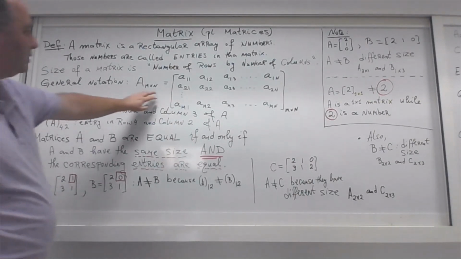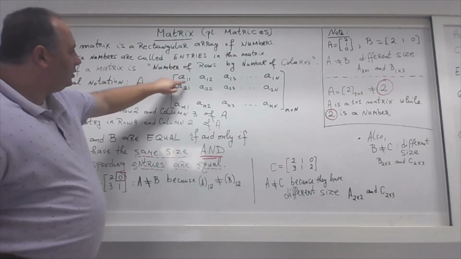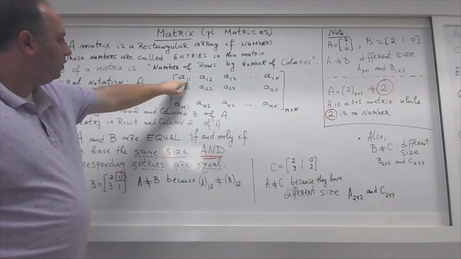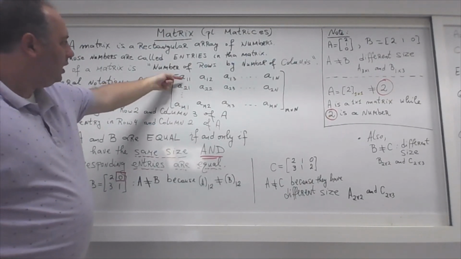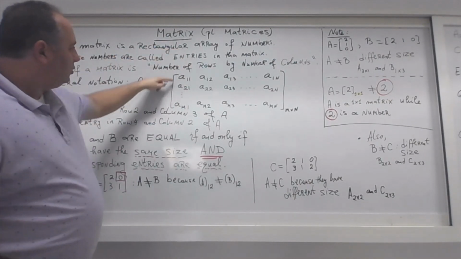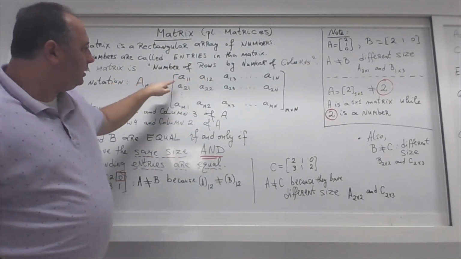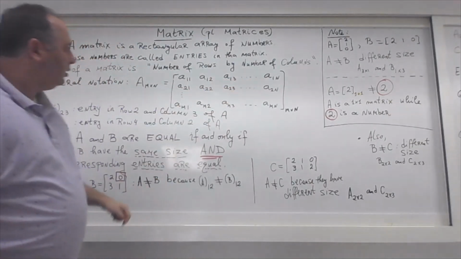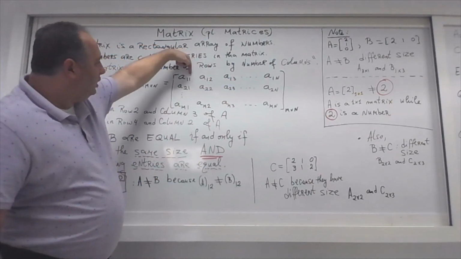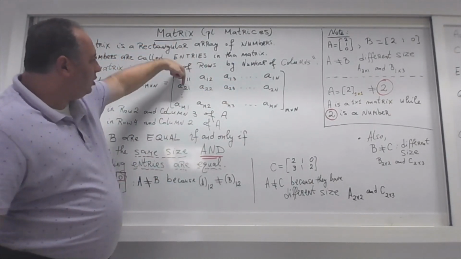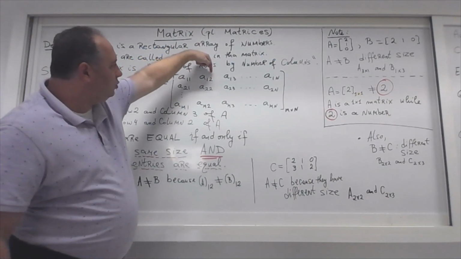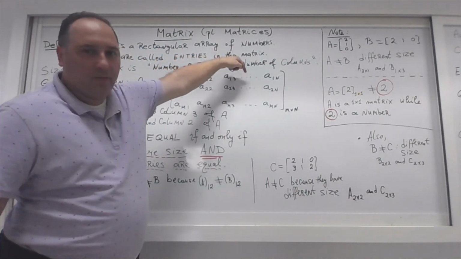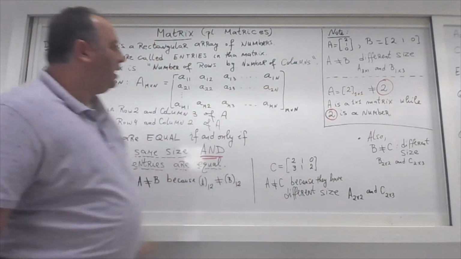In general, this is how we note matrix entries. They have indices, so the first index is for the row and the second for the column. So you see the row 1, everybody in the row 1, the first index is 1. And as you move, the second index is column 1, then column 2, column 3, column 4, till column n.